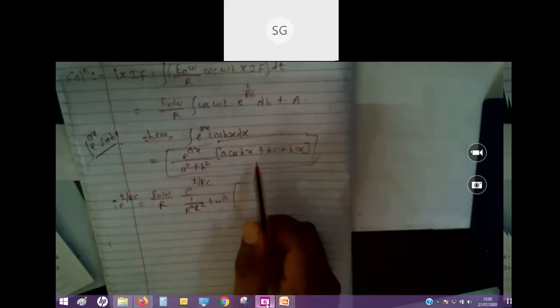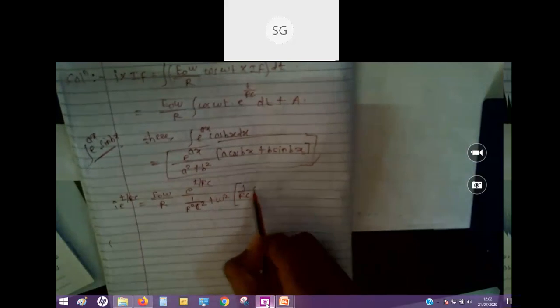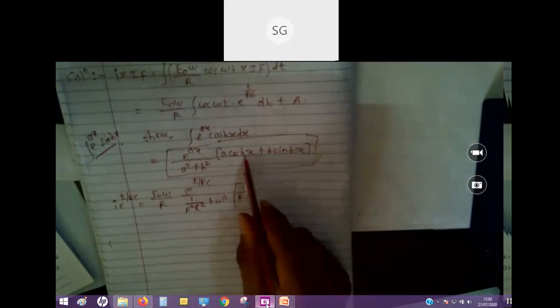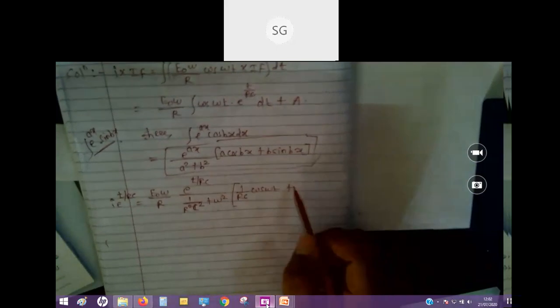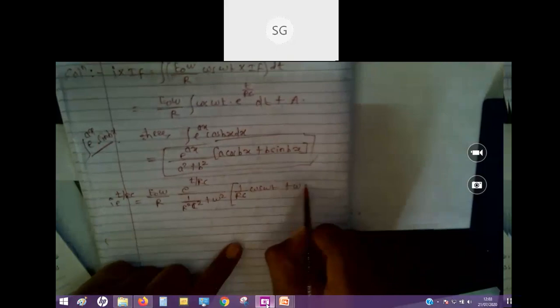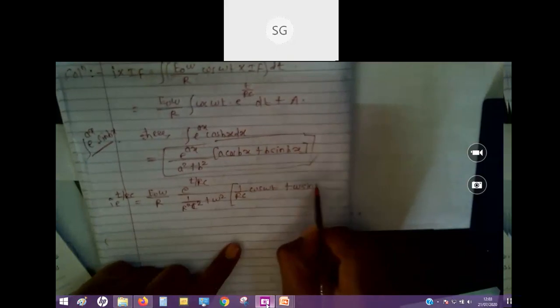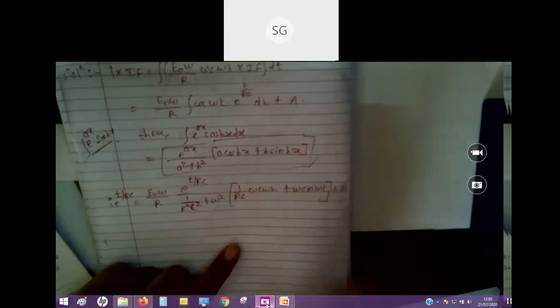Now in the bracket, a is again 1 upon rc, and then cos bx means cos omega t, plus b into sin bx, so omega sin omega t, and plus the constant of integration.